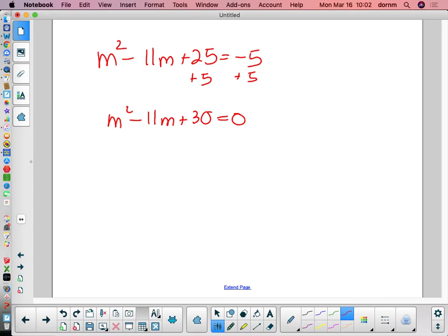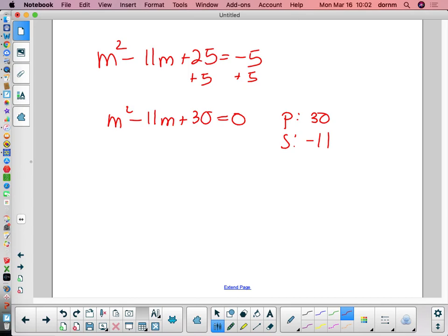So this one we look at, we see that the m squared does not have a coefficient, so this is going to be a super nice one. I just need to find my magic numbers. My product has to be 30, and my sum has to be negative 11. Now, the fact that it's a positive product tells me that both numbers have the same sign. They're both positive or both negative. The fact that the sum is negative tells me both numbers have to be negative.